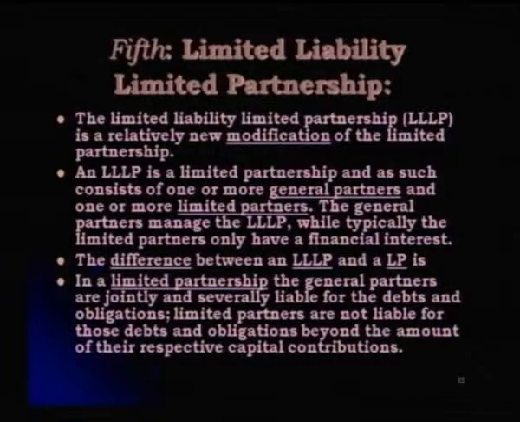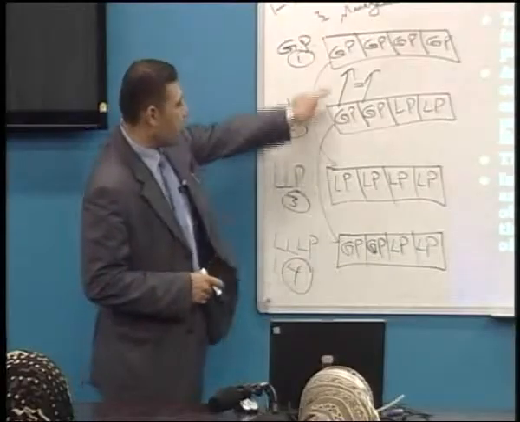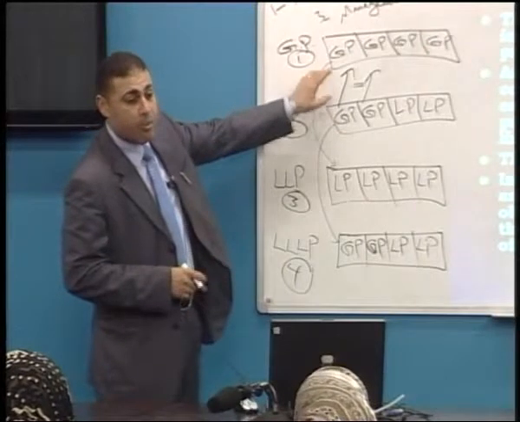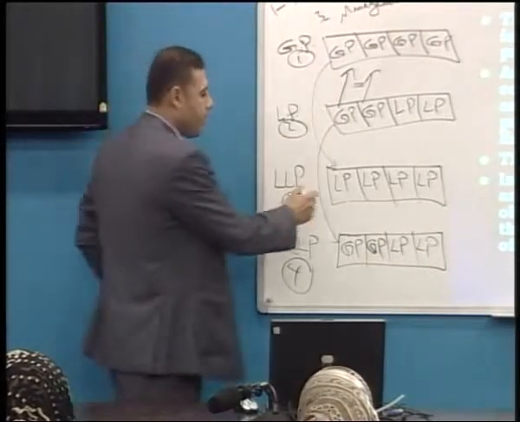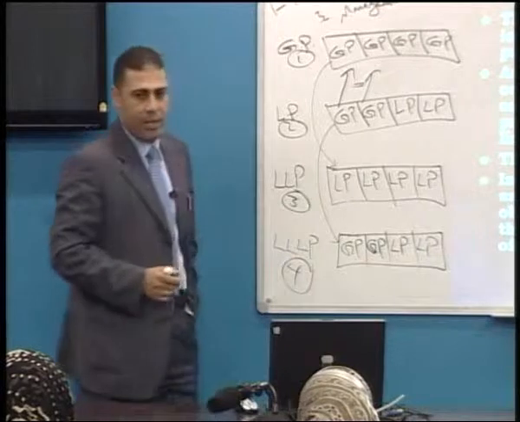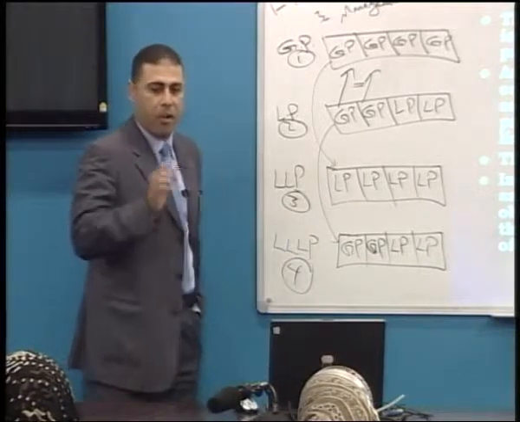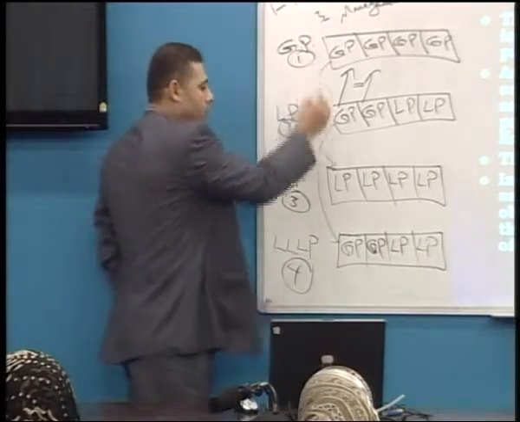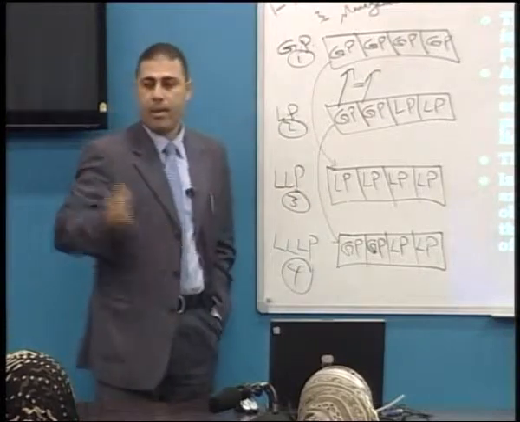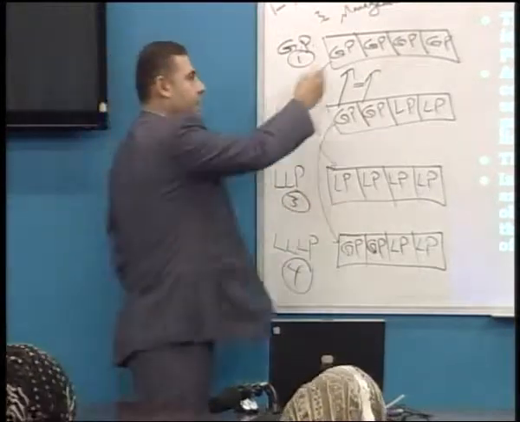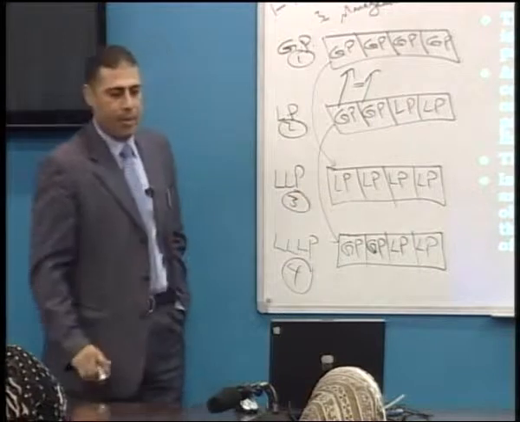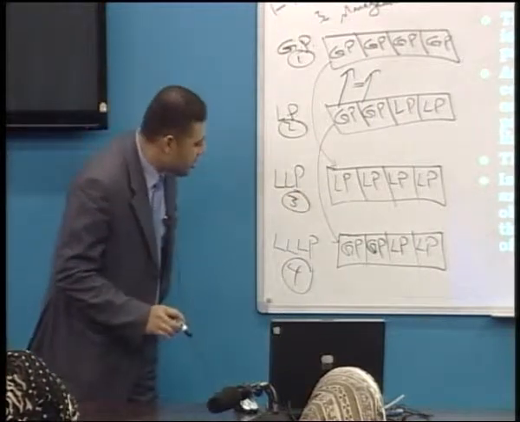Number 5. So number 3 is a modification of number 1. So here people can manage, they can be agents, but the only thing we have changed from number 1 to number 3 is liability. It was unlimited, it becomes limited liability. Number 4 is a modification of number 2.